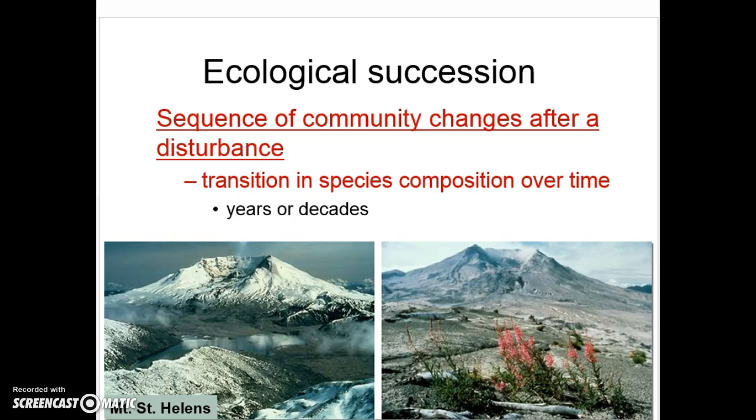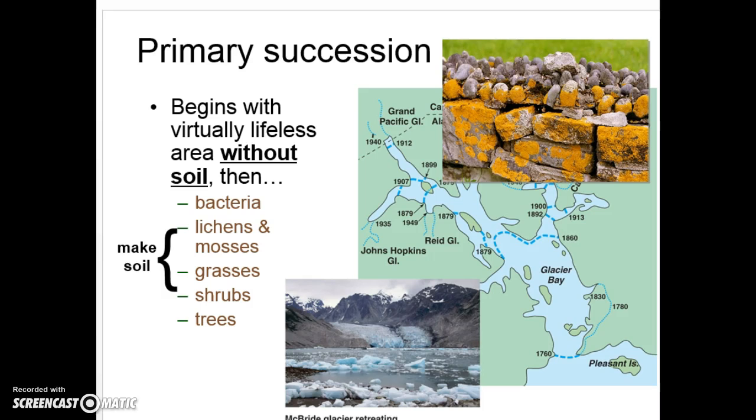So this can be something that happens quickly, or it can happen over a long period of time, and it usually will be something that's a little more slow. But we have both primary and secondary succession. So primary succession is only going to occur when the soil has been removed by some sort of disturbance.